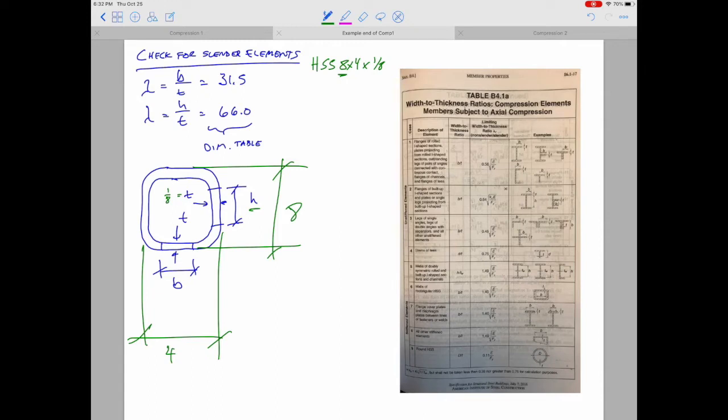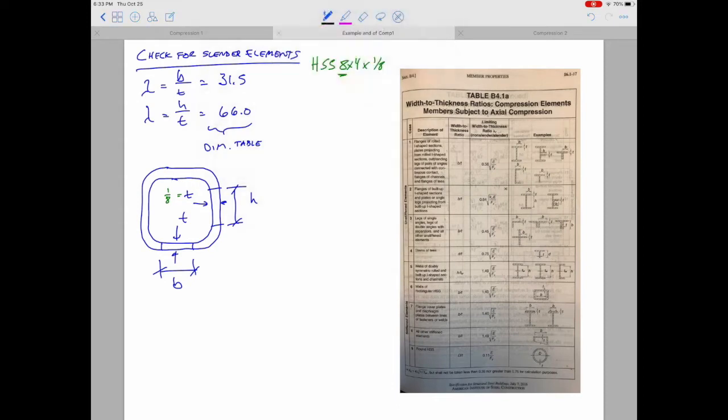And that's one reason that they give us these in the table. In a minute, you're going to see how we account for this radius when we compute our effective area for compression. Sorry, for local buckling.